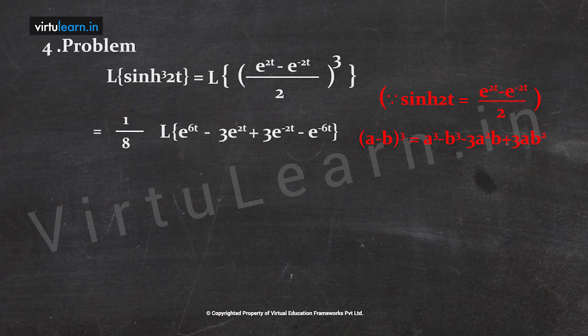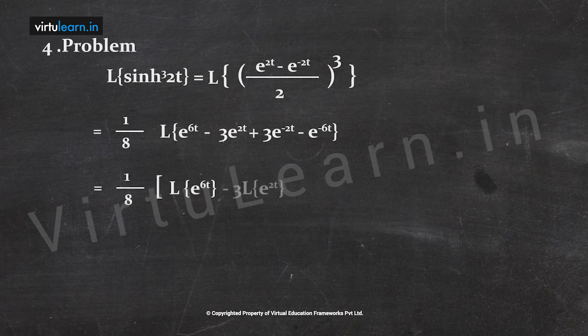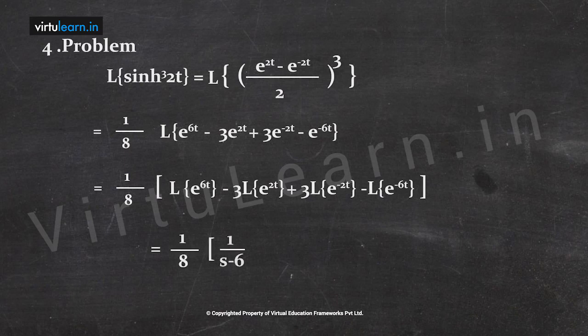Like that we are getting, and by using this formula we are expanding like this. Then Laplace transform of e power 6t minus 3 into Laplace transform of e power 2t plus Laplace transform of e power minus 2t minus Laplace transform of e power minus 6t. Then this can be written as 1 by 8 into 1 by s minus 6 according to that formula, minus 3 by s minus 2 plus 3 by s plus 2, again minus 1 by s plus 6.